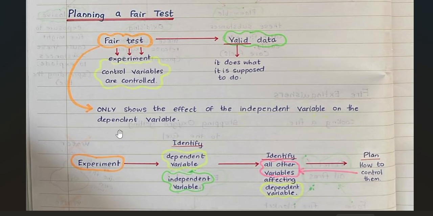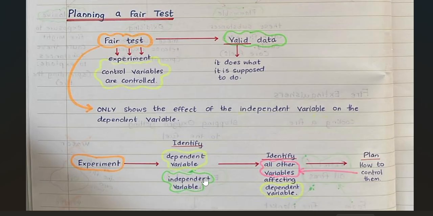So when you are planning an experiment, there are things you need to identify and how you have to plan it. If you need to do an experiment, that means a fair test, you need to first identify which one is going to be the dependent variable and which one is going to be the independent variable.